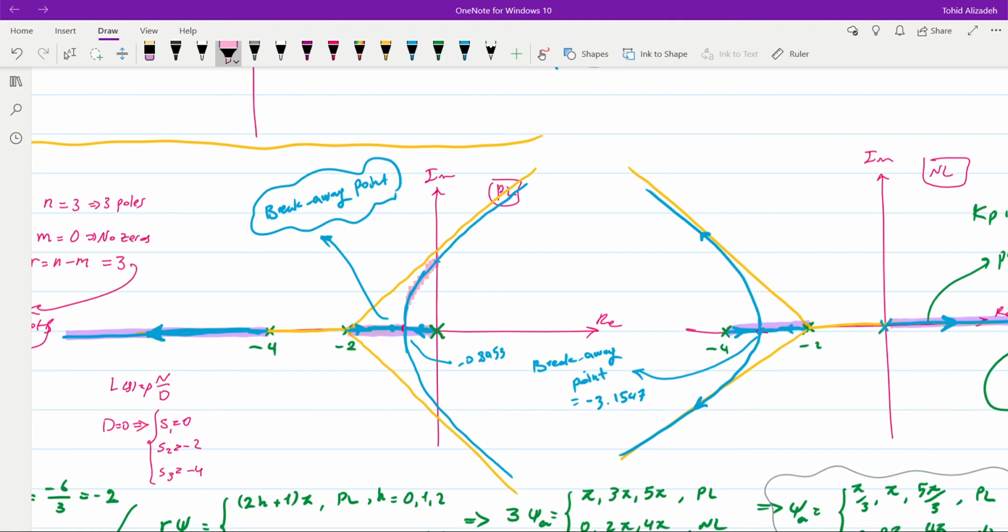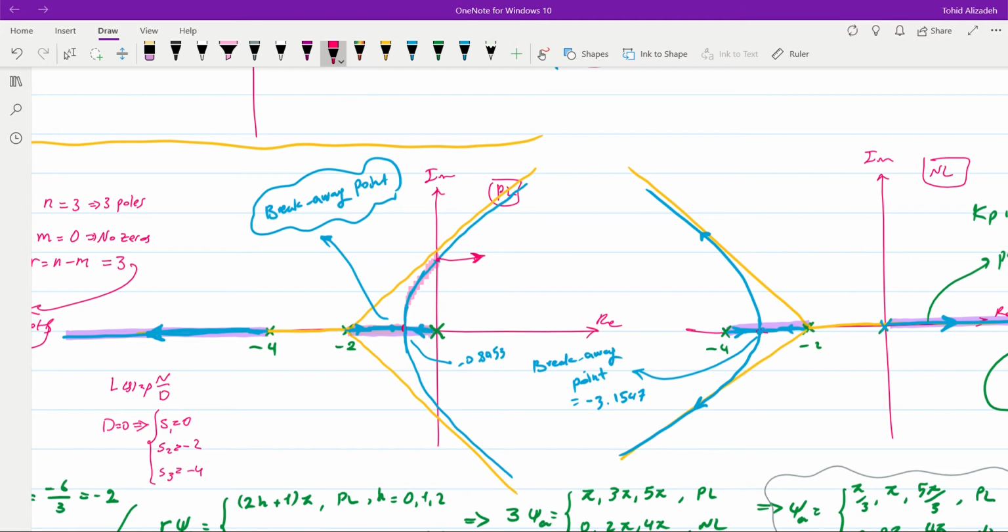And at some point, at this point, the branch will cross the imaginary axis and it will move towards the right half plane, and therefore our closed loop system will become unstable. So finding out that point is quite important.